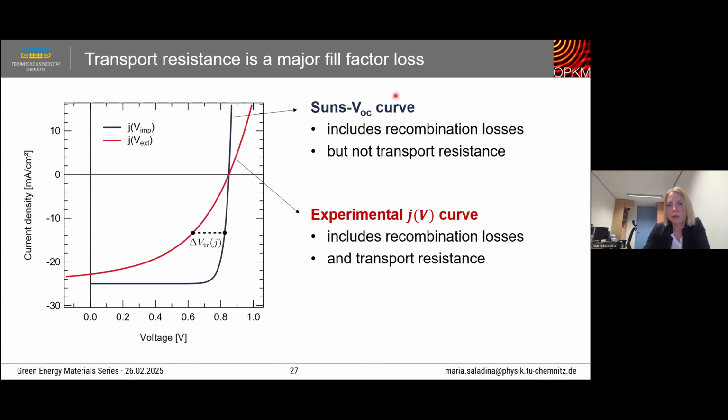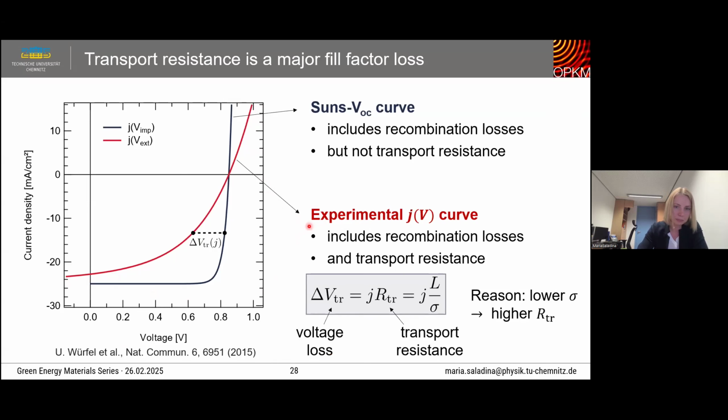So the Suns-VOC curve includes recombination losses, but no transport resistance losses. And then we compare the Suns-VOC curve to the experimental JV curve. And the experimental JV curve, of course, on top of recombination losses, also includes transport resistance.